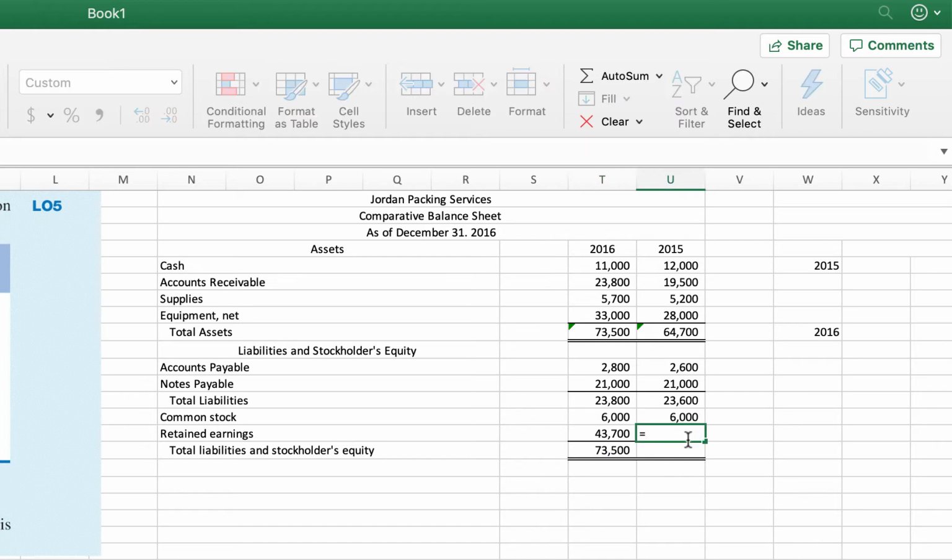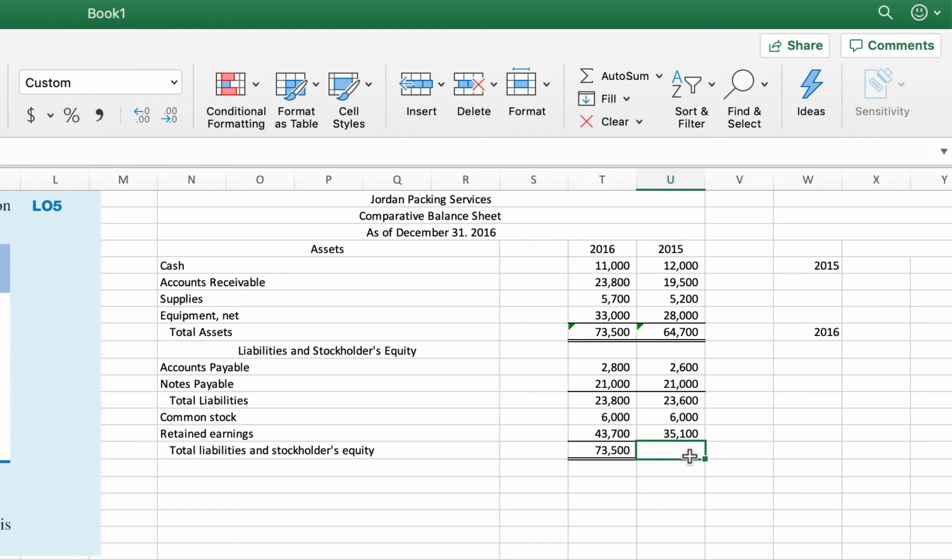I know that for 2015, my total liabilities and stockholders' equity has to equal $64,700. I'll subtract out my total liabilities, subtract out my common stock, and I see that my retained earnings for 2015 are $35,100. I want to make sure I'm right.